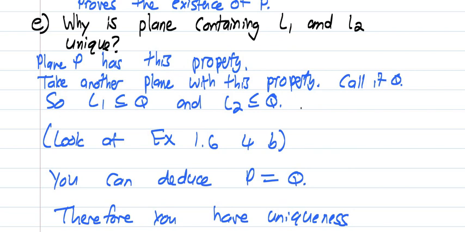So plane Q contains line 1 and line 2, and then a little bit of mathematical logic happens, and you can deduce that P is equal to Q. So if I have a plane P with this property and you have a plane Q with this property, it must be the same plane. So therefore you have uniqueness.